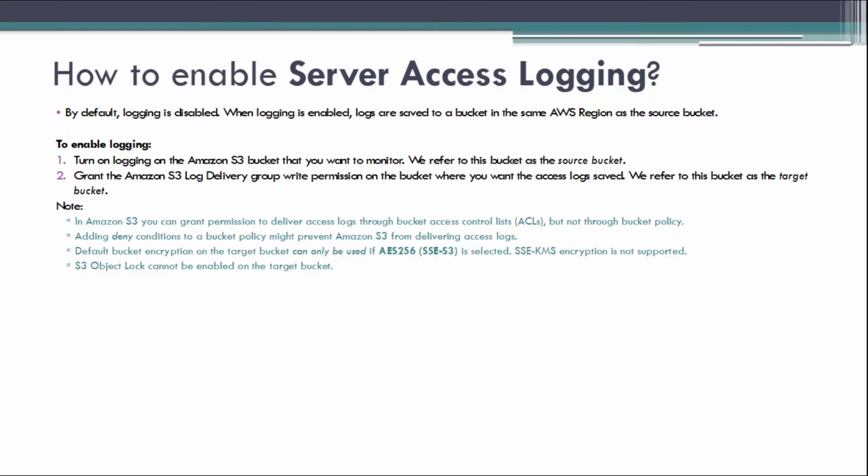Adding a deny condition to a bucket policy might prevent Amazon S3 from delivering access logs. So if there is a deny condition in your bucket policy, the logs will not get delivered to your target bucket. But for granting permission, you can only use ACL, not a bucket policy.